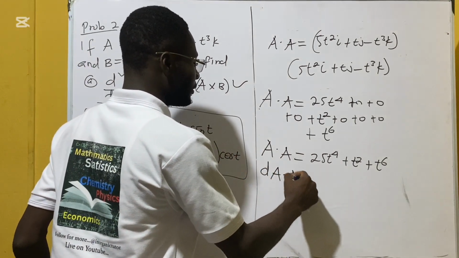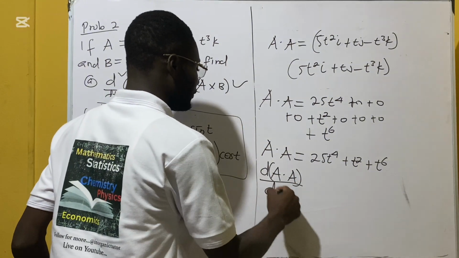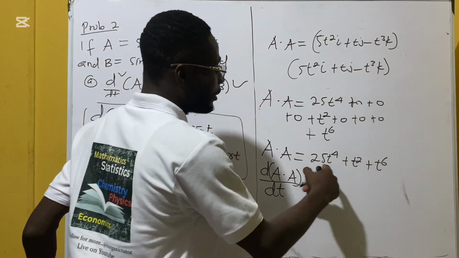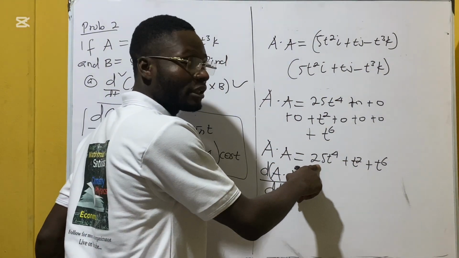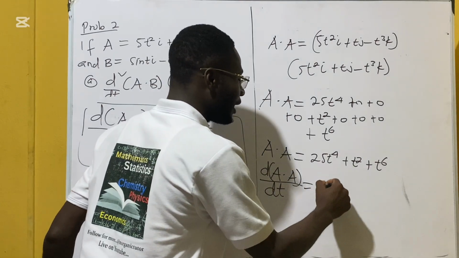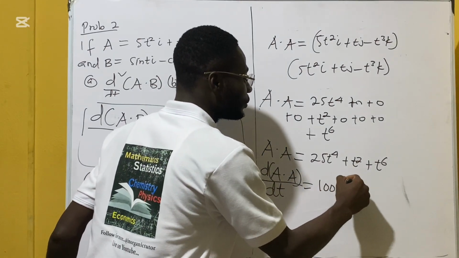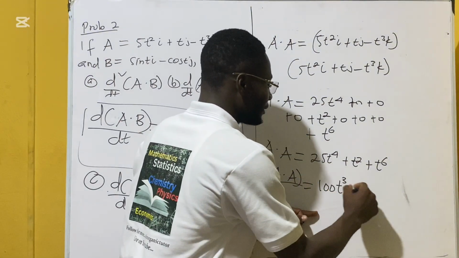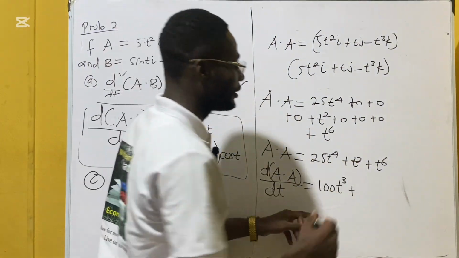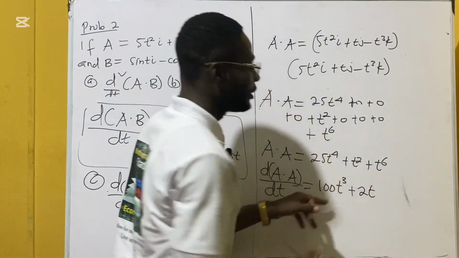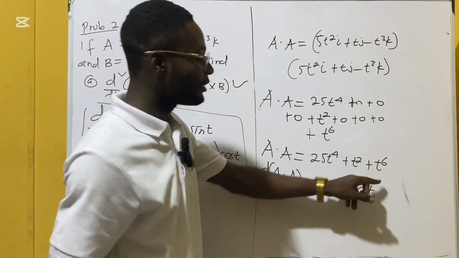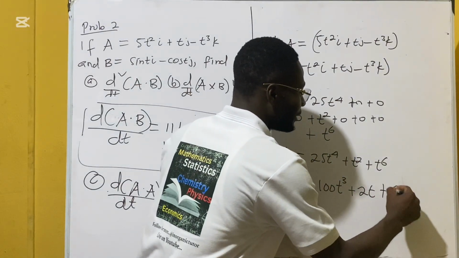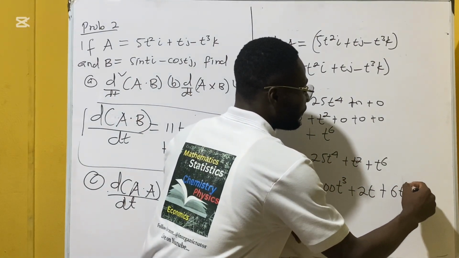So here, now we can take the differential of A dot A with respect to t, right? So we're going to have that equals the differential of 25t to the fourth, which gives us 100t cubed, plus the differential of t squared, which is 2t. The differential of t to the sixth is plus 6t to the fifth.